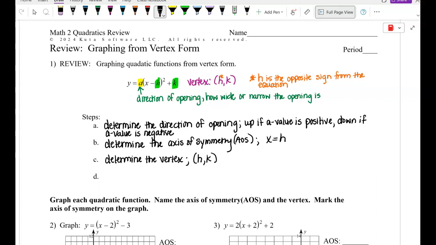But that a value does kind of act like a slope, but only for one set of points for us. So we're going to use the a value to find the next set of points. And again, what we do there with the a value only works for the first pair of points after the vertex.